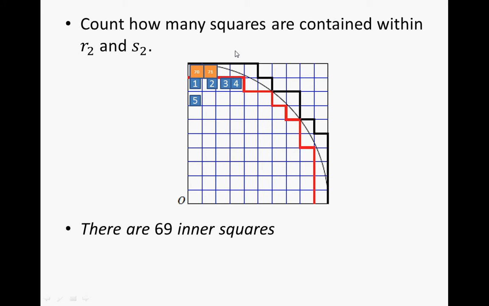And we would count the next square, 71, 72, 73, 74, 75, 76, and so on. So now you would keep continually counting some more. You'd count these squares, and down here. And when you get done, you should be at 86. So 69 inner squares and 86 outer squares.